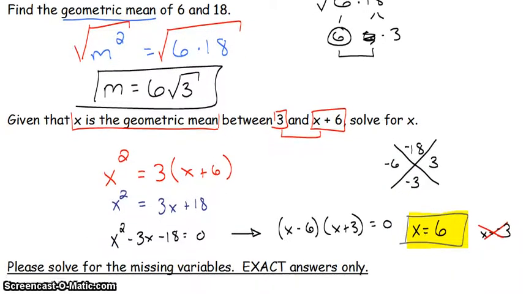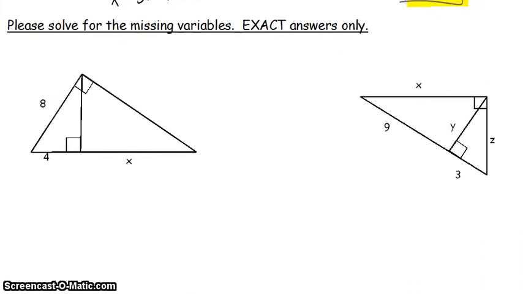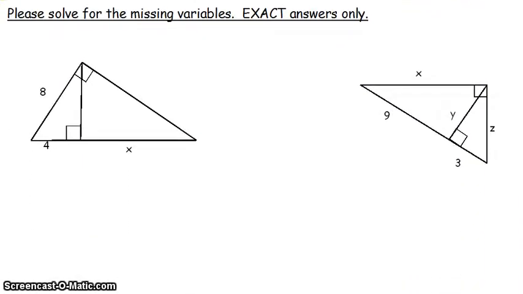The second type of problem that we'll have with geometric mean is a triangle problem. What you want to focus on in the triangle is that you have, first of all, two different right angles. So you have your right angle for a big triangle and then the altitude from that triangle, creating another right angle. In both problems, we have that situation here.